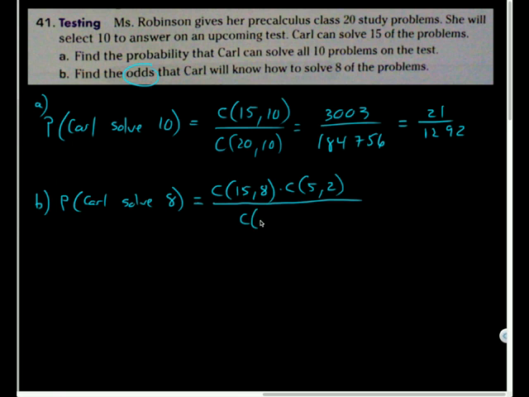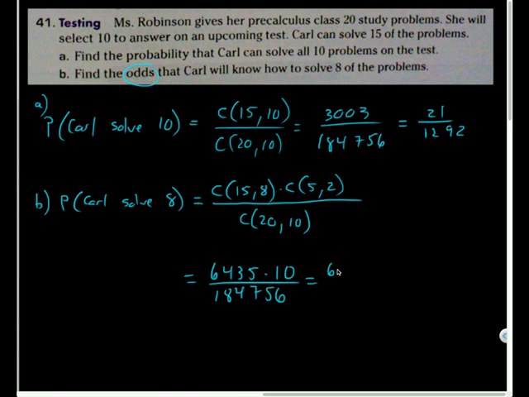And then the denominator here will be the same. So what would this look like? So 15 combo 8 is 6435, but I do have to consider that there's other ways that I could get those remaining 2. So 5 combo 2 is 10 over, and as I said, this denominator is the same.